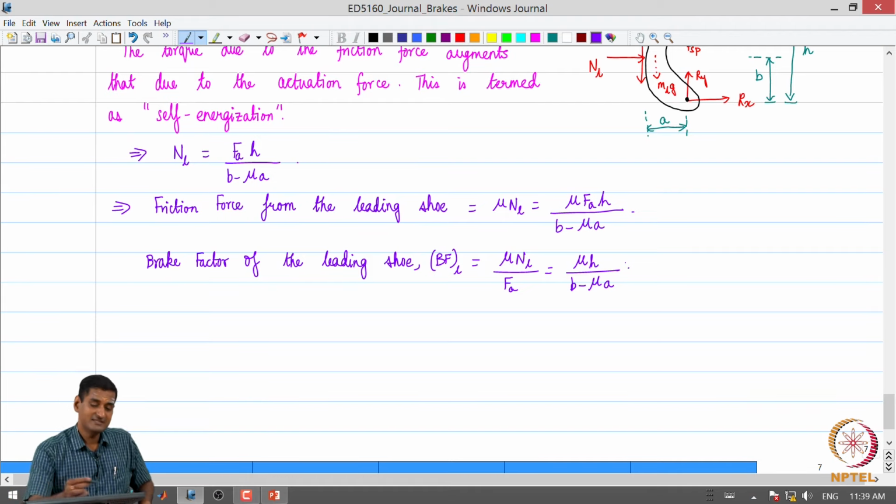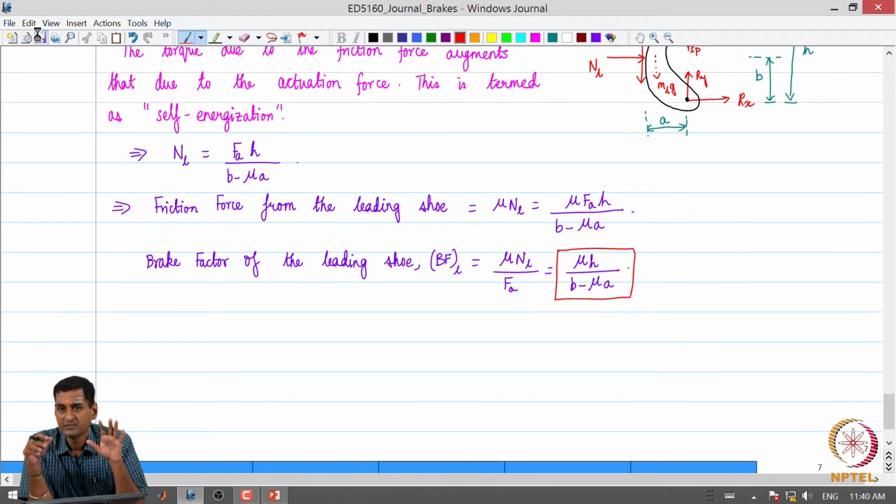This is an important advantage, because you can observe from the mathematical term that in the denominator we get B minus mu A. For typical dimensions and typical lining friction coefficient values, this B minus mu A is going to drive up the brake factor a lot.